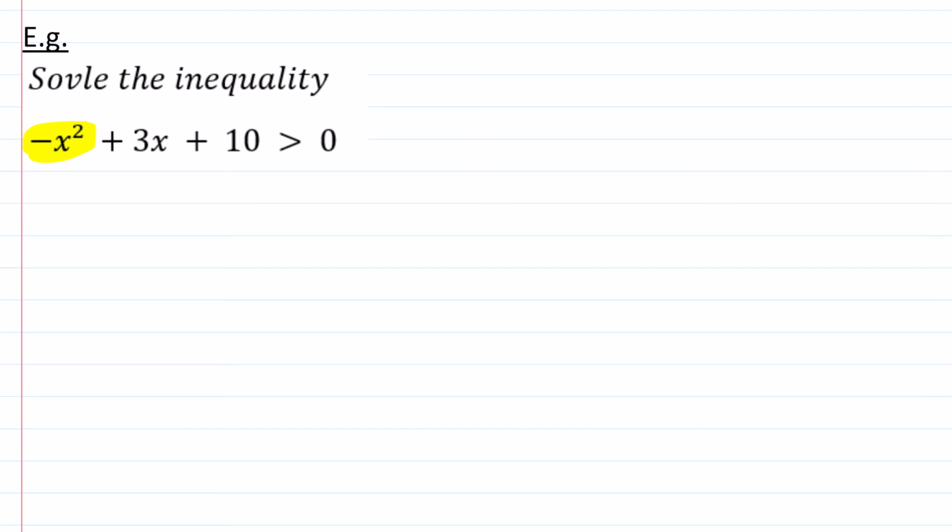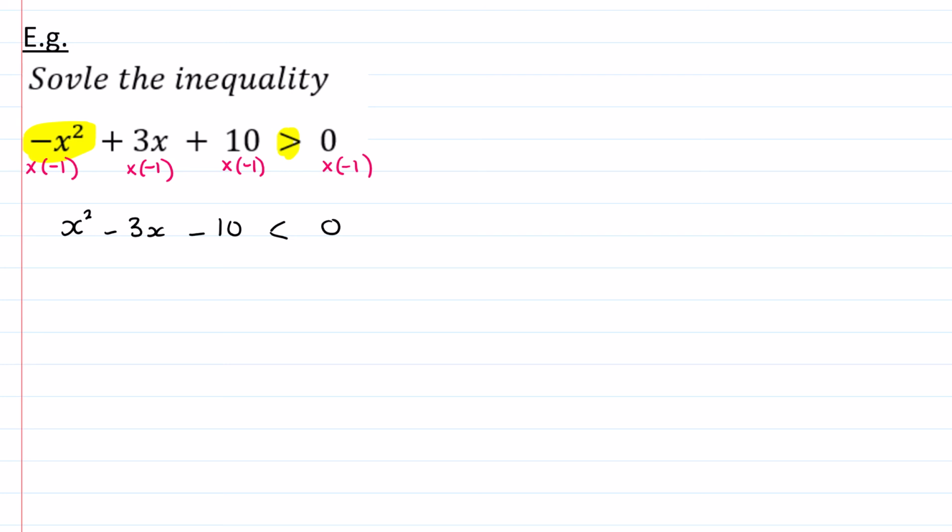So either you're thinking that you're moving everything this way, and therefore naturally the sign will change, or you multiply everything by minus 1 and you flip the sign. So x squared minus 3x minus 10, instead of bigger than, it becomes smaller than 0.